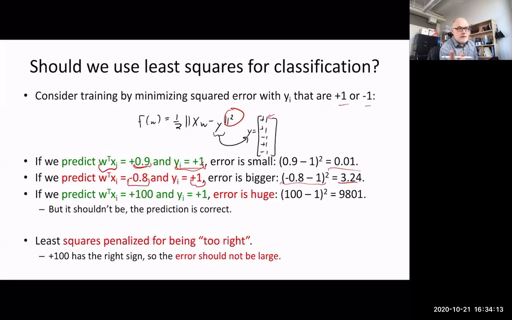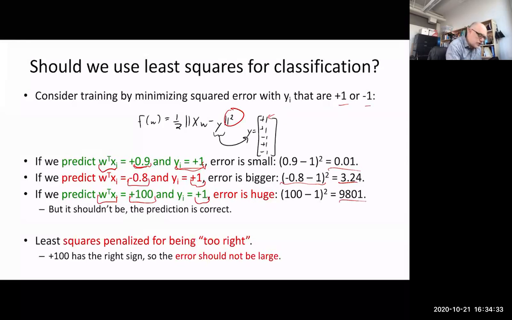But something funny happens with the L2 loss, which you're very familiar with: if we make a prediction that has a very large value but the correct sign, the error is very, very large. But this shouldn't be the case, right?